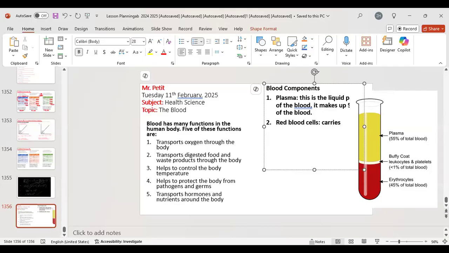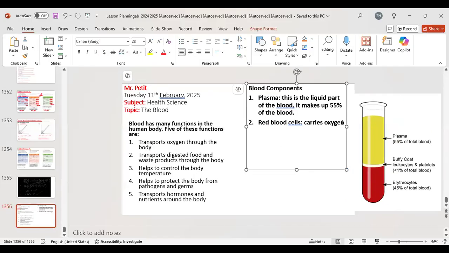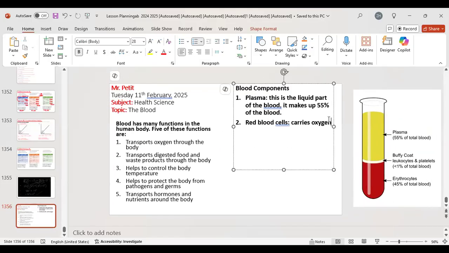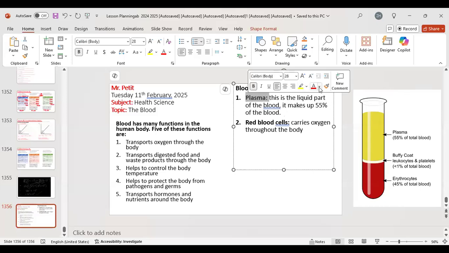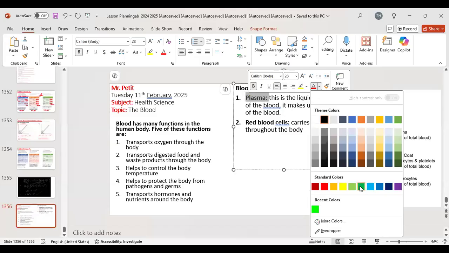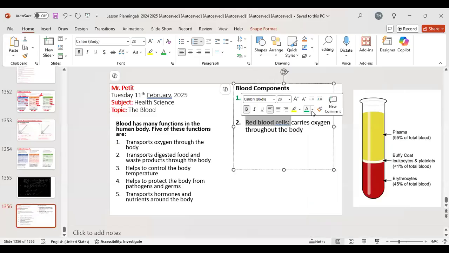Carries oxygen, you wouldn't let us live without it. And then red blood cells, that's the red part. Red blood cells are also called erythrocytes.